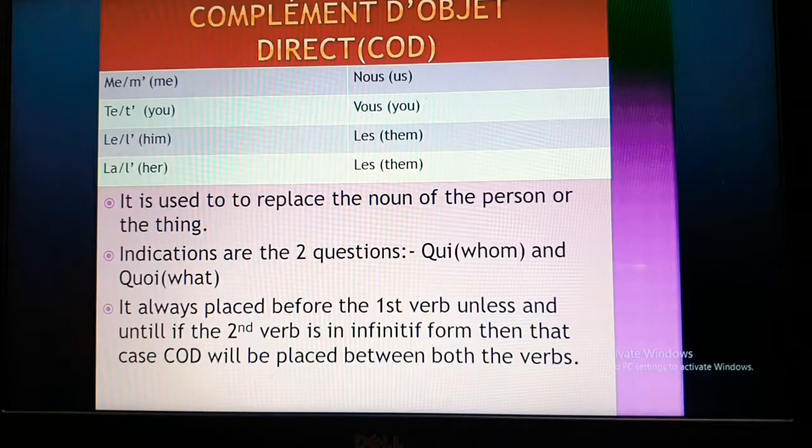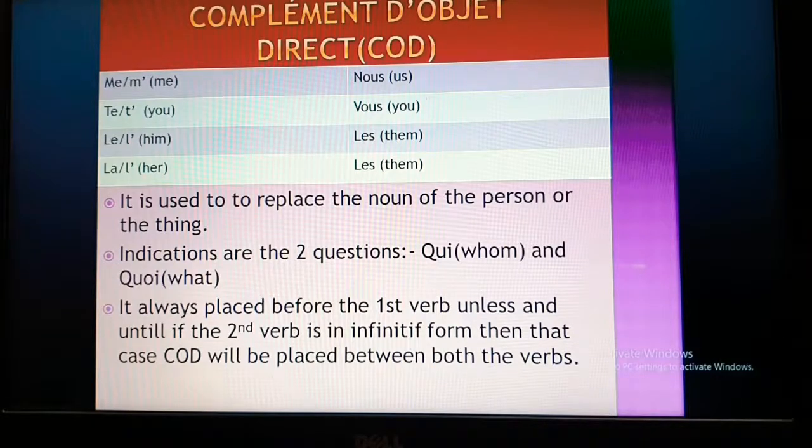Whereas with future proche, present progressive, passé récent, things like these, you will have to place COD, COI, pronom en and pronom y between the two verbs, that is before the infinitive verb.